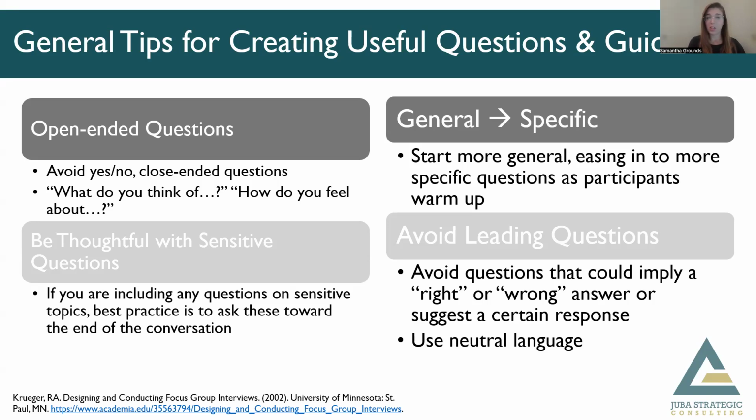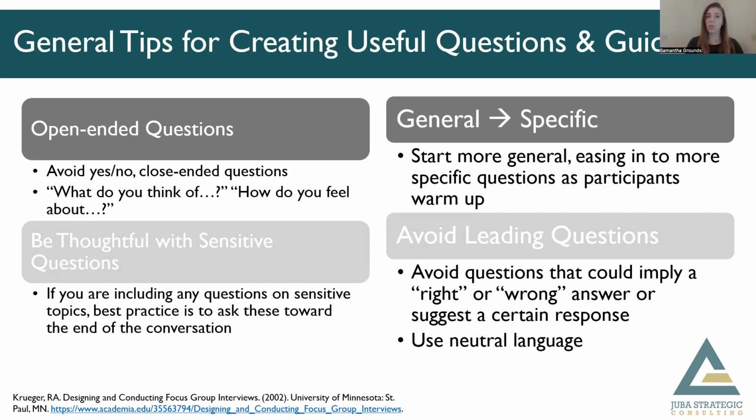Another tip that I mentioned earlier is the idea of going from general to more specific throughout the conversation. So to start off the focus group, it's helpful to ease into the research topic. Participants are still getting to know each other. They might feel a little bit nervous or shy.